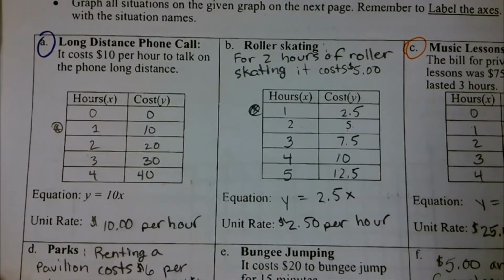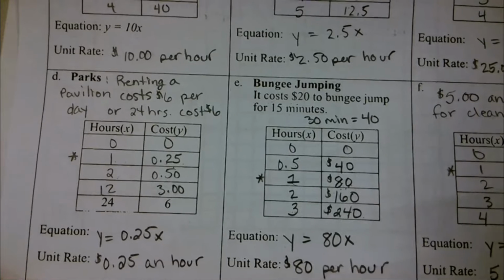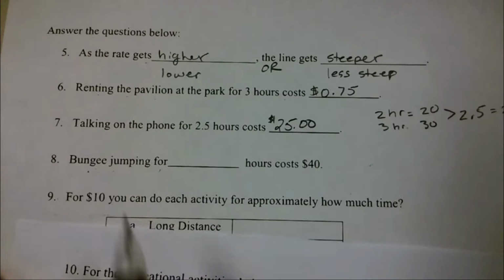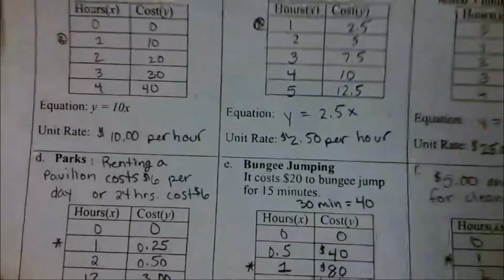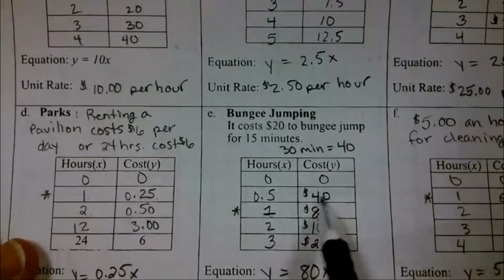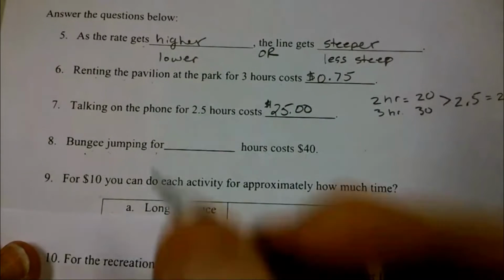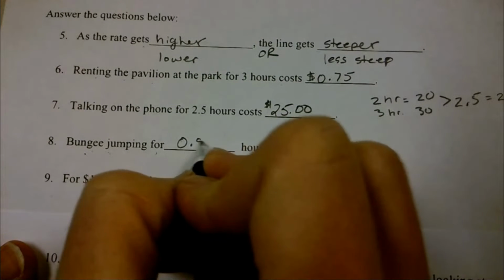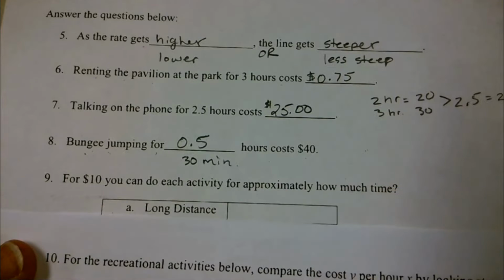Let's back up for a second, because for bungee jumping, for 1 hour, it costs $80, but they're asking how much it would be for $40. Well, when we did our table, we figured that out. So if it's an hour for $80, for half an hour it would be half of that, which is $40, so half an hour or 30 minutes. So you could say 0.5 hours or 30 minutes would be okay also.